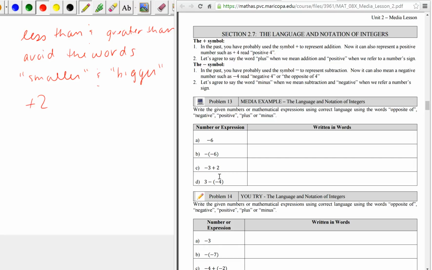Okay. So here we'd say -6. In general, -6 isn't wrong, but in all of the videos in general, we're going to say if there's more than one sign in front of it, we use the opposite for all of them except the negative within the parentheses. So here we'd say the opposite of -6, -3 plus 2, 3 minus -4.